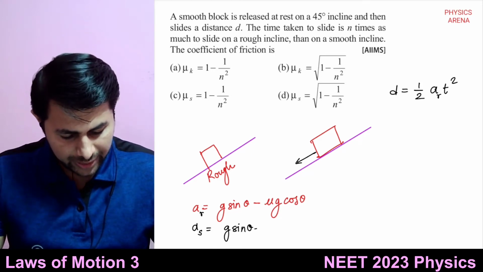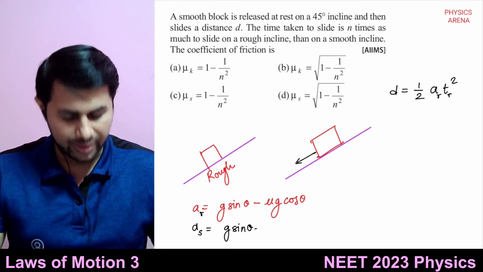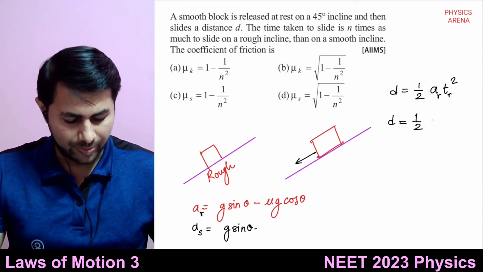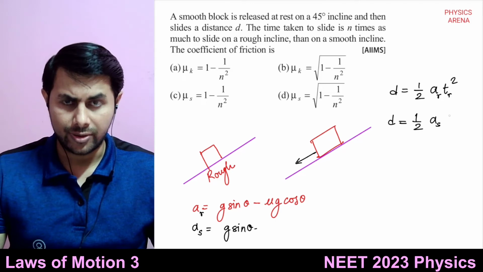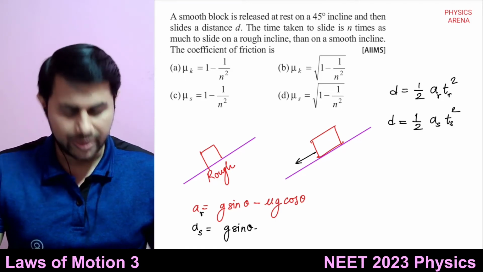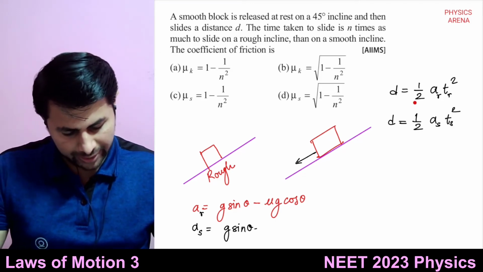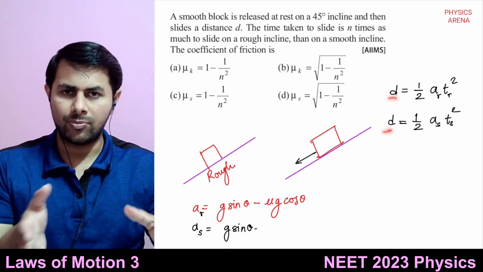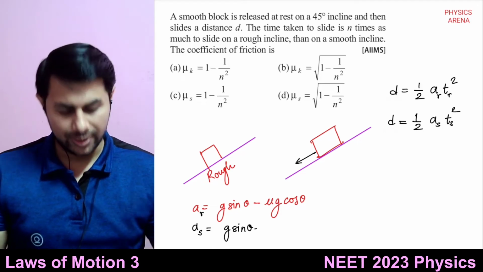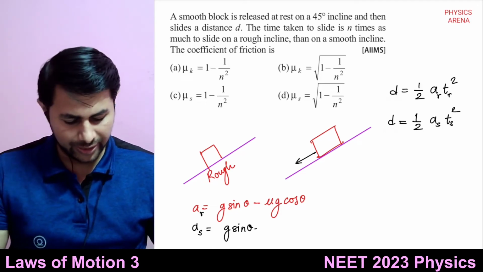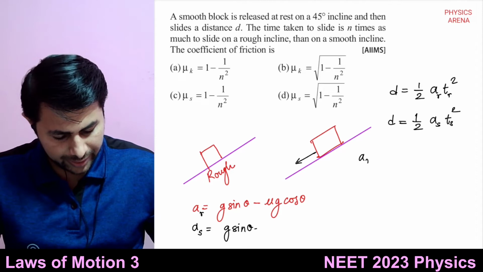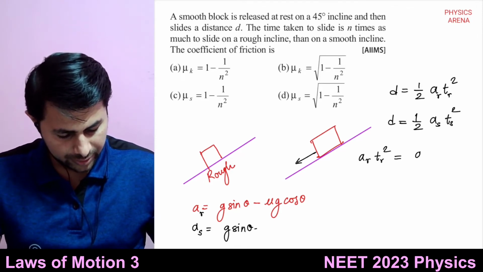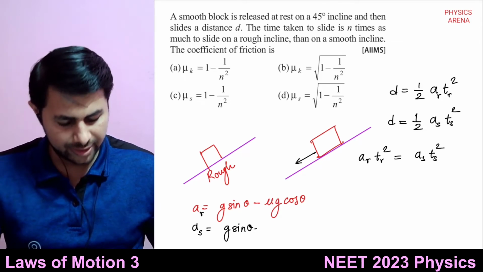For the rough incline, let's put AR and TR. For the smooth incline, it will be half of AS, TS square. The block covers the same distance on rough as well as smooth incline, so we can equate these two. AR times TR square is equal to AS times TS square.